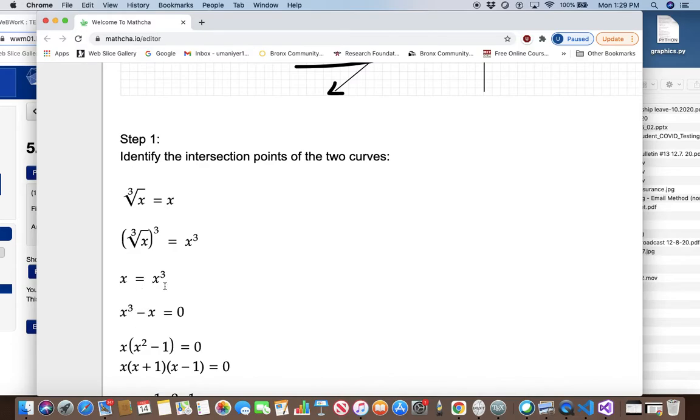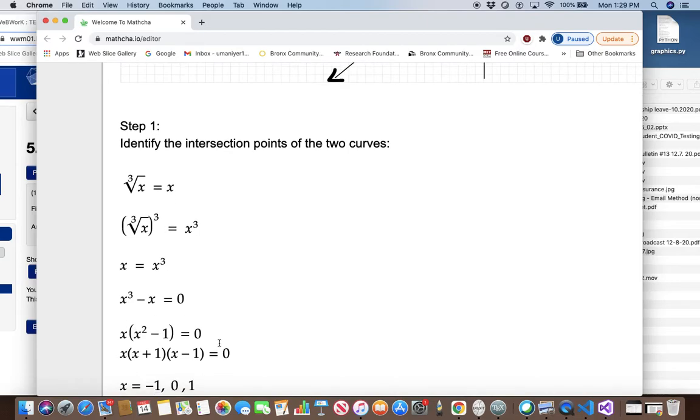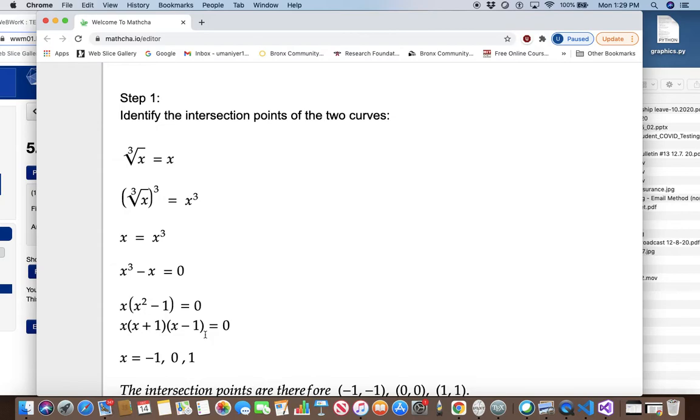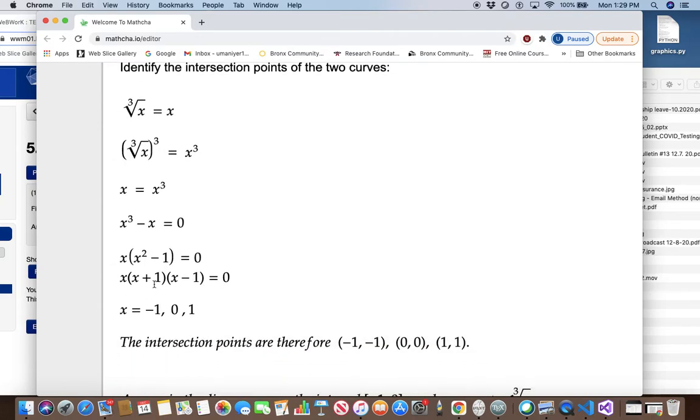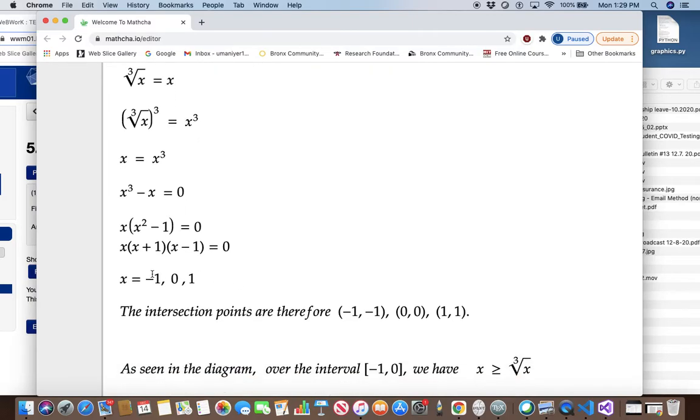Get them together on one side: x cubed minus x is 0. Take x common: x squared minus 1 is 0. Continuing factoring, x times x plus 1 times x minus 1 is 0, which gives x equals negative 1, 0 and positive 1.